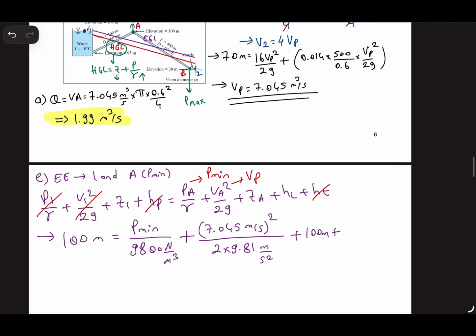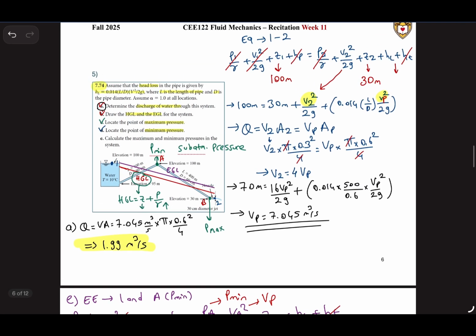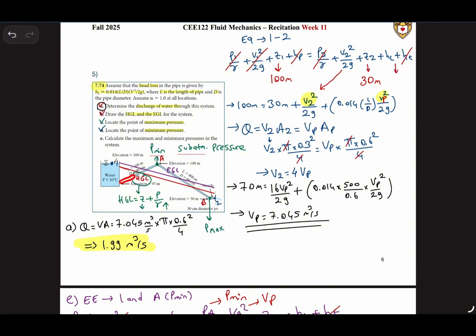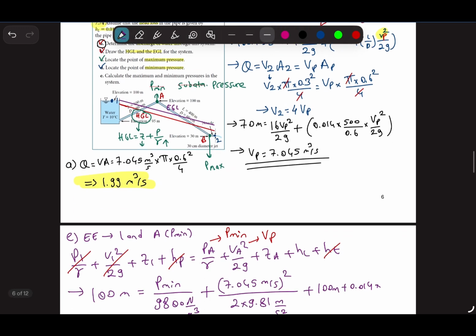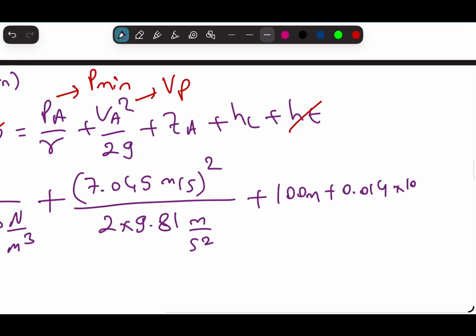And the head loss is same, which is given in the question. So it was 0.014 L over D V square over 2g. Since we are dealing with this pipe, the length is given as 100 meters here, and the diameter is 60 centimeters. So we need to use these numbers. So we have 100 meters and 0.6 meters.